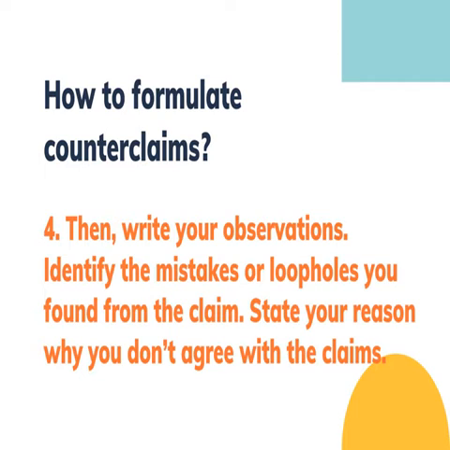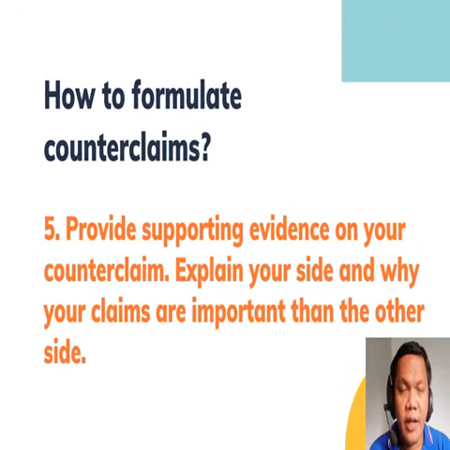After identifying them, state your reason. Explain your part, why you don't agree with the claims, because in that way you are doing the counterclaim. You have to make sure that the reader will believe you, not the claim of the claimant.